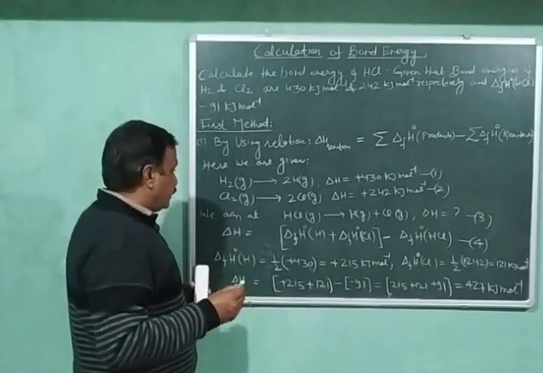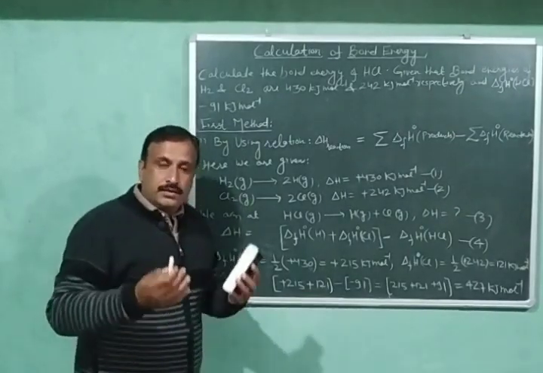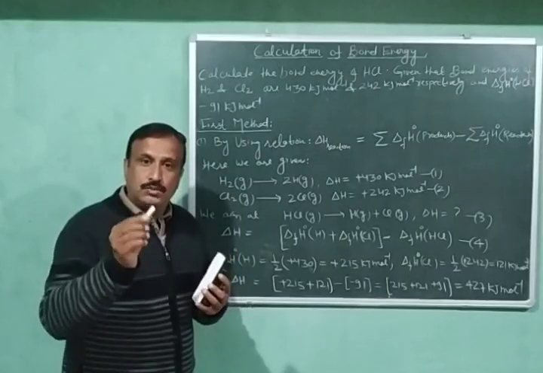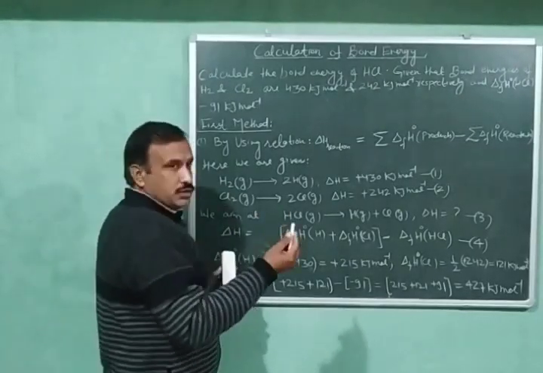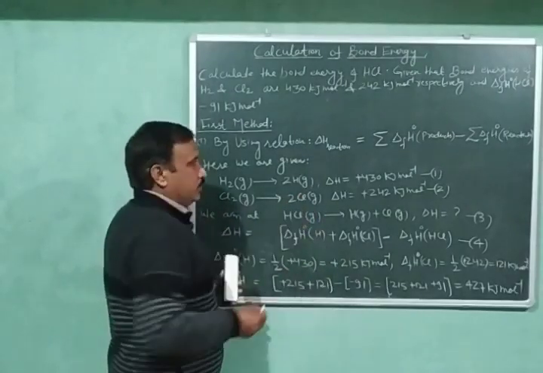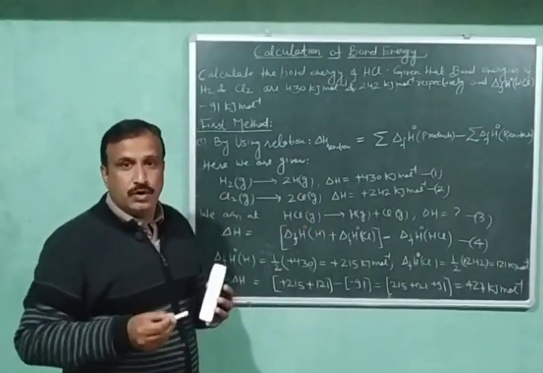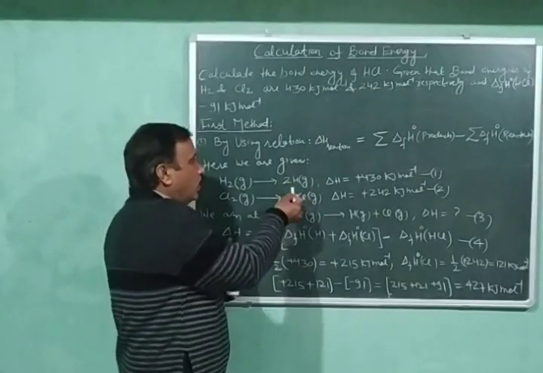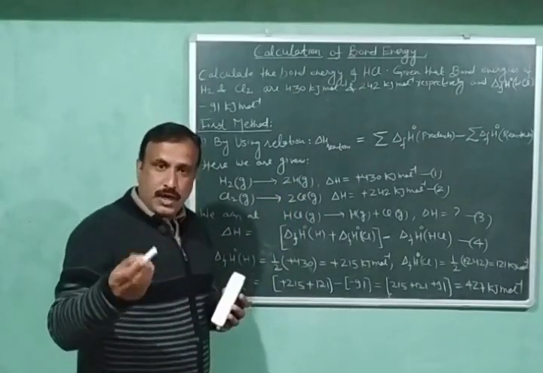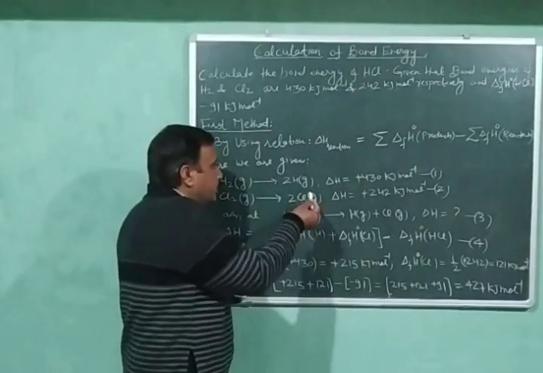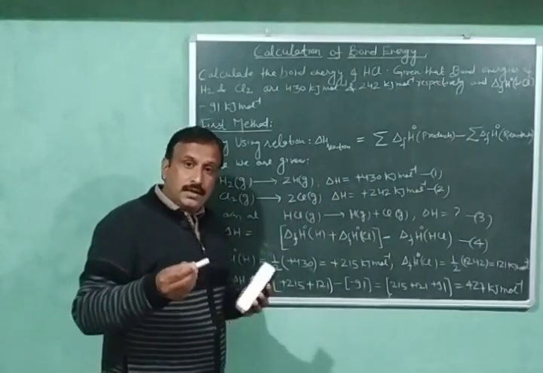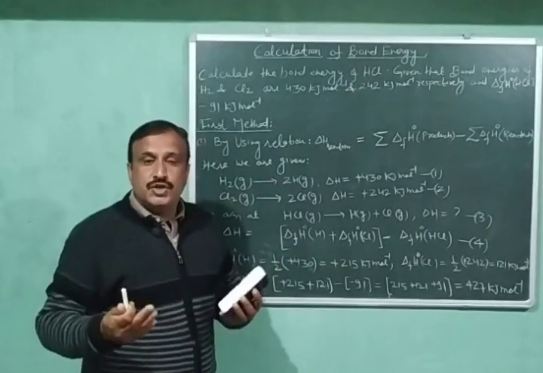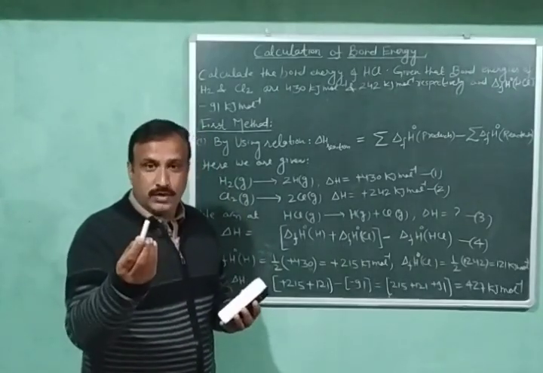Understood? And we can easily calculate the enthalpies of formation of 1 mole of hydrogen atoms and 1 mole of chlorine atoms with the help of equations number 1 and 2, because in equation number 1 hydrogen atoms are being formed, and in equation number 2 chlorine atoms are being formed. But we know that the enthalpy of formation is for the formation of 1 mole.